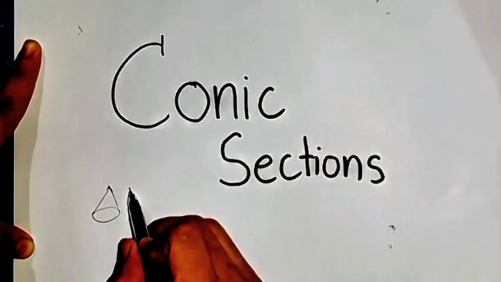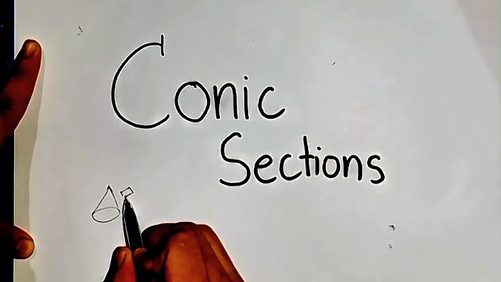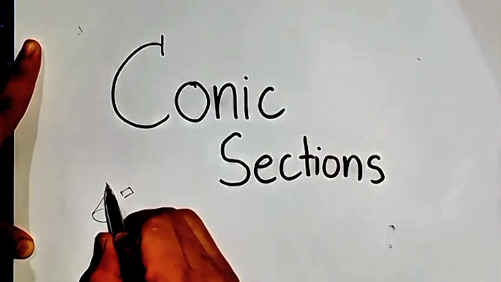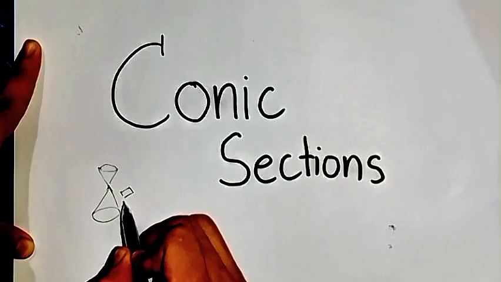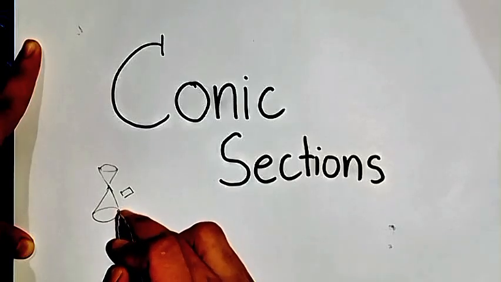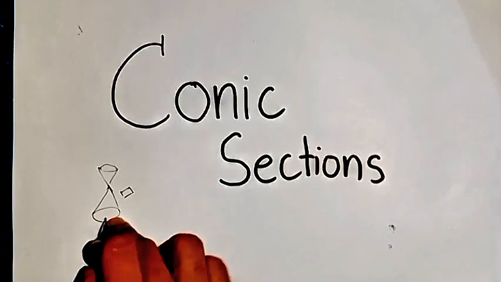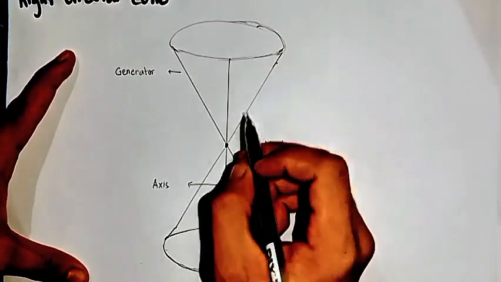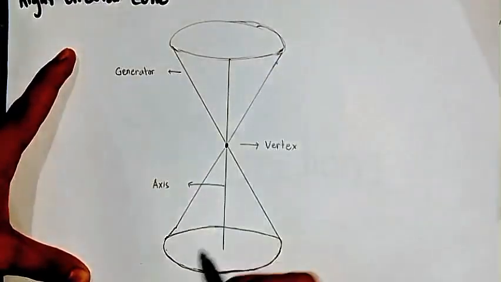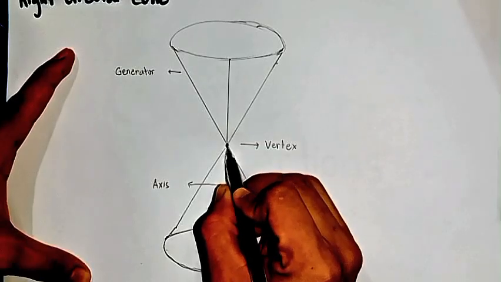Imagine that we have a plane, and if the plane intersects the cone, what we call the right circular cone, it can create a curve called the conic sections. Now, what is a right circular cone? A right circular cone consists of two cones joined together at a fixed point called the vertex.